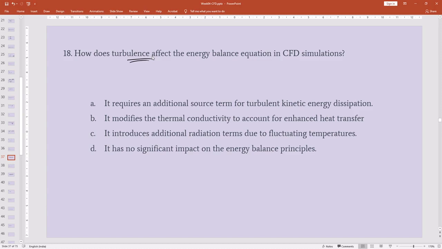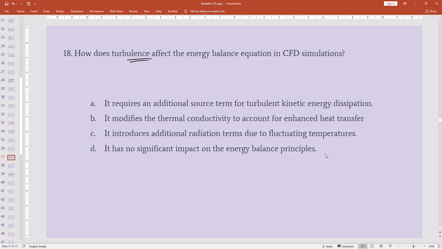Options are: A, it requires an additional source term for the turbulent kinetic energy dissipation. Option B, it modifies the thermal conductivity to account for enhanced heat transfer. Option C, it introduces additional radiation terms due to fluctuating temperatures. Option D, it has no significant impact on energy balance principles.